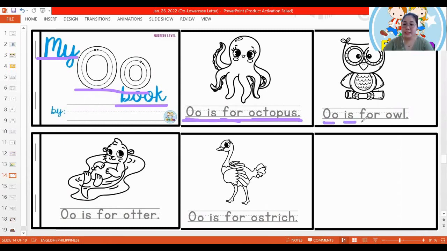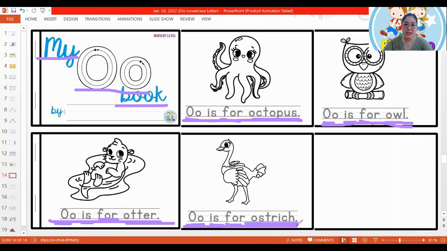O is for owl. O is for otter. Last page. O is for ostrich.